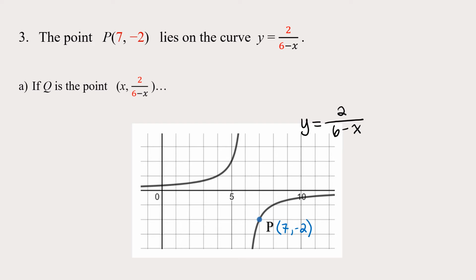In addition to this point P, we have a point Q. Point Q is the point (x, 2 over 6 minus x). So point Q is a point that is changing. That means that it could be this point, this point, this point.